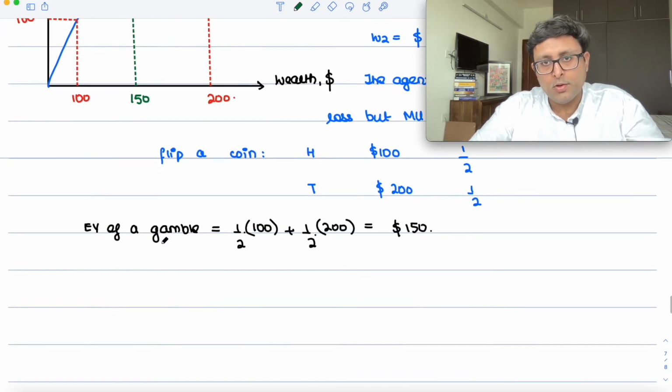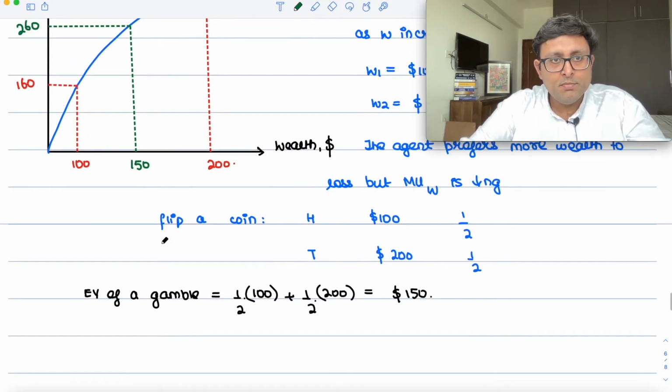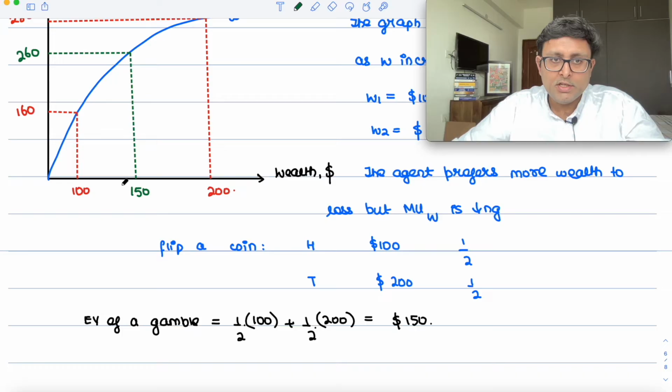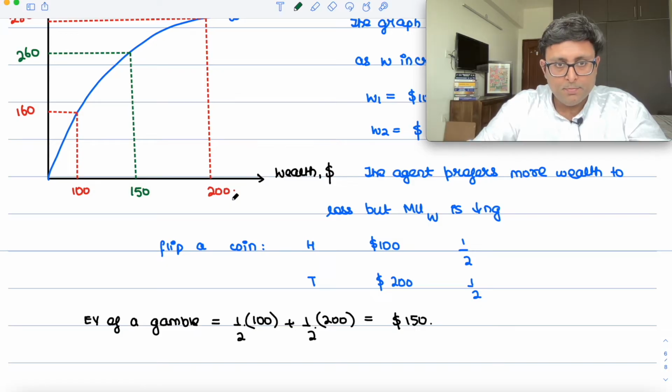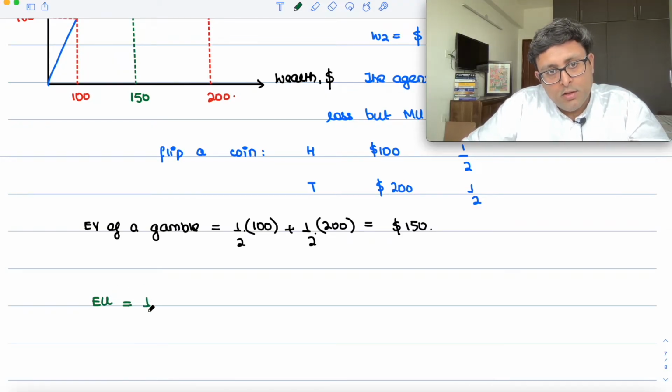Okay. So when you talk about expected utility, how do you get the expected utility? This is the average of the utilities of these two outcomes, 100 and 200. So let me write what the expected utility of this gamble would be. With probability half, head is going to come.